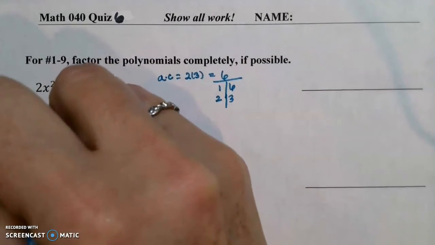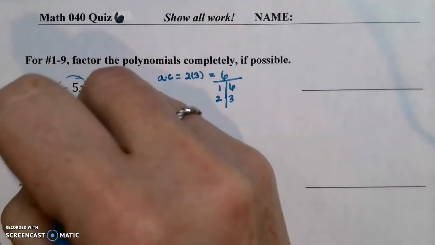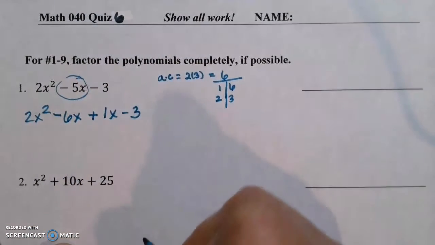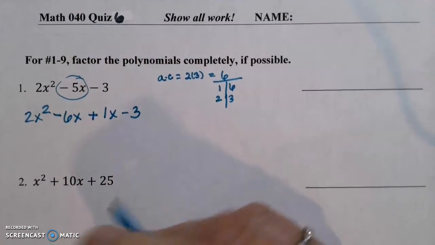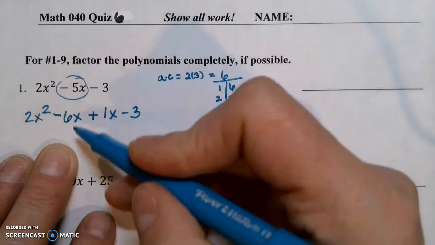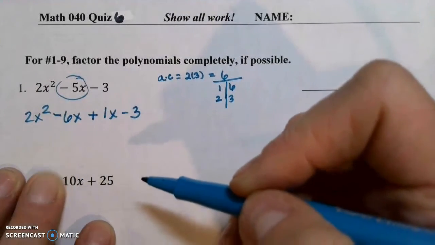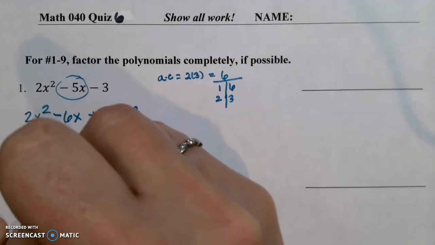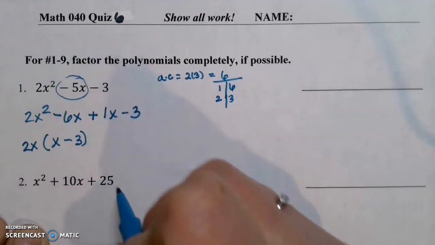So try using 2x squared minus 6x plus 1x minus 3. And now that we've done that substitution here for the -5x, we'll use factoring by grouping. So factor a 2x out of here, leaving behind x minus 3.